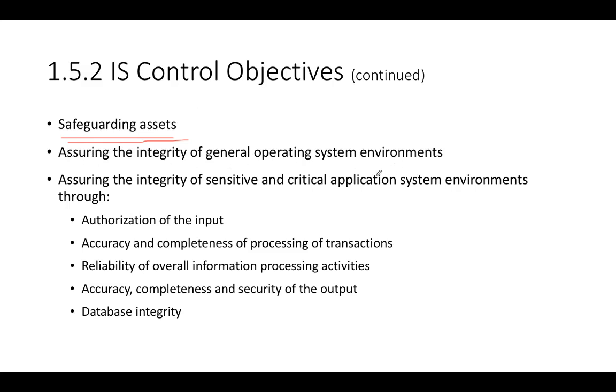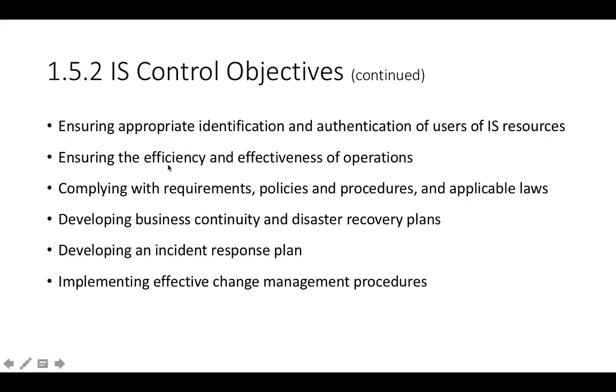So when you do these controls, the issues of the operating systems can go away. And authorization of the input, so we'll handle inputs properly when you filter inputs. Accuracy of the completed transactions, making sure that a transaction goes to the proper cycle, not somewhere in the middle. So we'll stop these situations. And accuracy of completeness and the database integrity. So all these things can be gained by using proper control objectives. There's another list here.